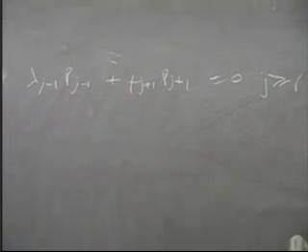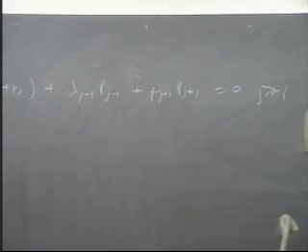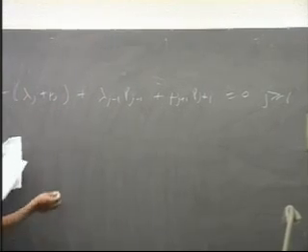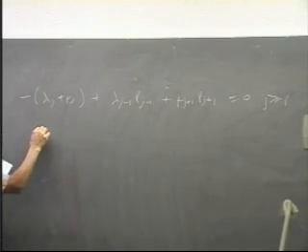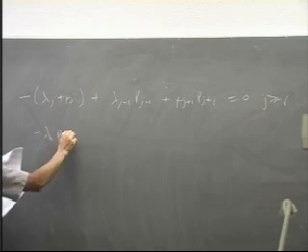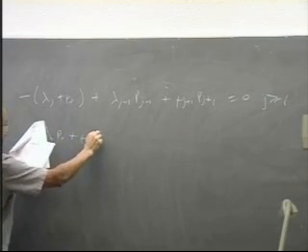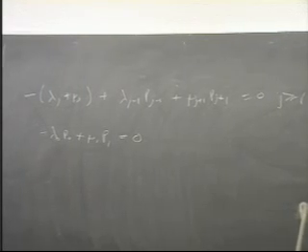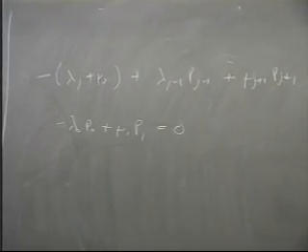That's obvious because in the 0th case we don't have anything coming in and we don't have anything going out, right? So we just get two terms, and those two terms are exactly minus lambda 0 p0 plus mu 1 p1 equals 0. Okay, so these two equations give you the stationary distribution of a general birth-death process.